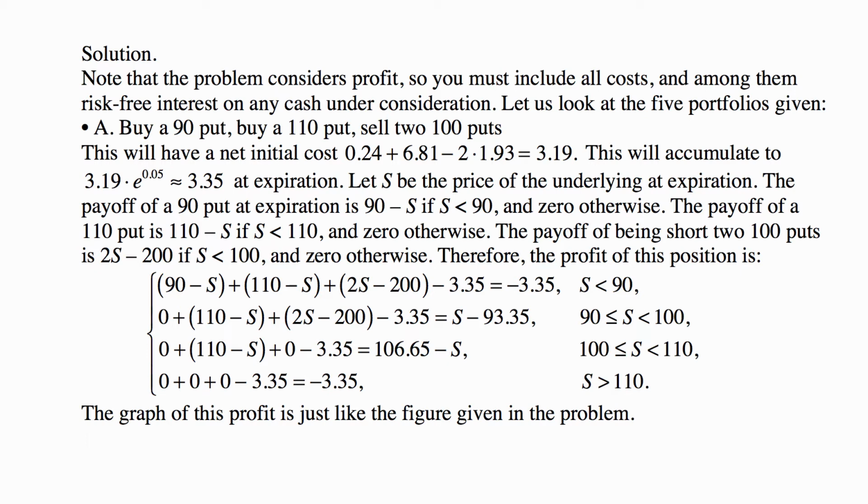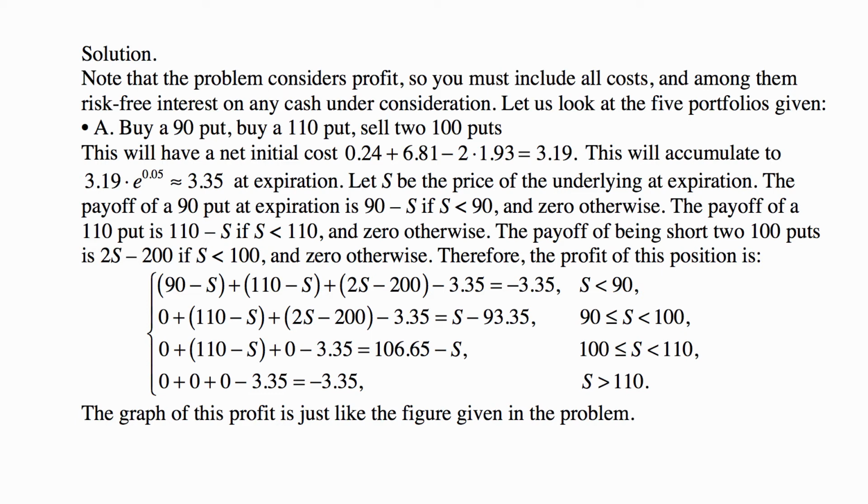That's the key message. So choice A is buy a 90 put, buy a 110 put, sell two 100 puts. The initial cost of that is $3.19, and at expiration that will amount to $3.35. That's a cost. At S_T, the price of the underlying at expiration, the payoff of a 90 put at expiration is 90 minus S if S is less than 90 and 0 otherwise.